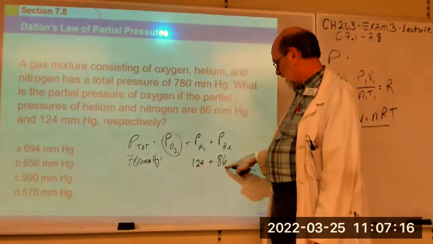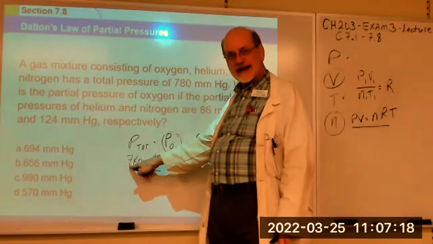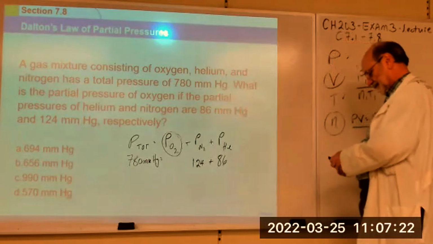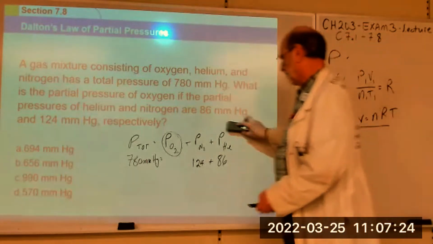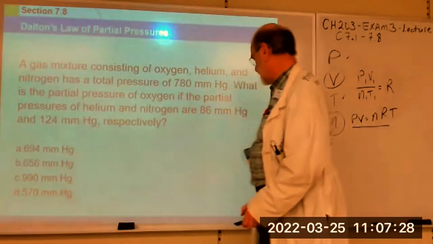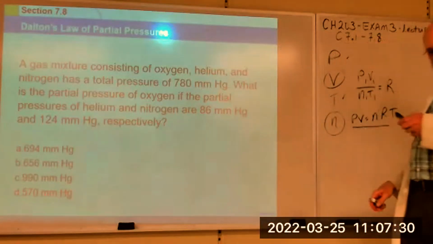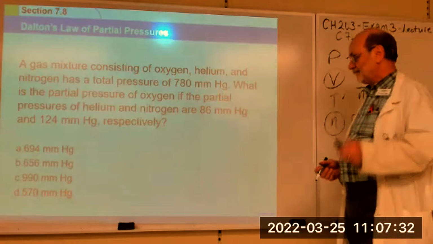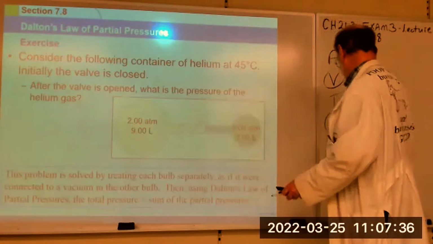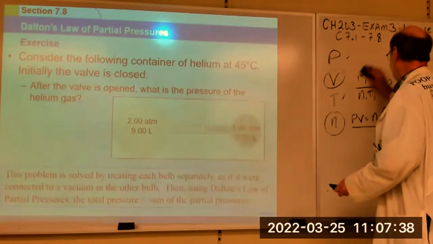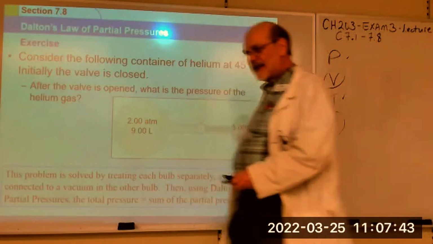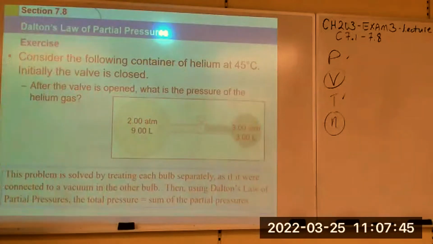You take this one and that one, subtract it from 780, and you get the pressure of oxygen, 570 millimeters of mercury. It's very simple. Now, here we have a problem that looks like it's unsolvable.